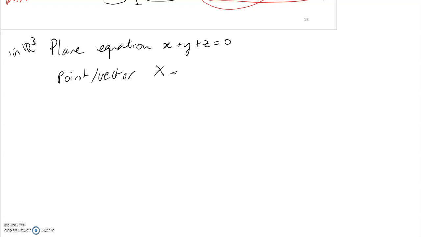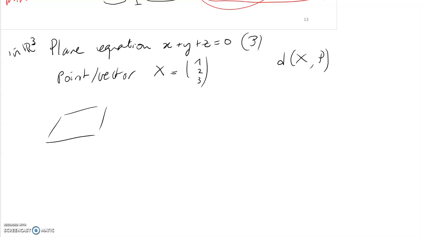X is equal to (1, 2, 3), and I want the distance between the point X and the plane. You probably have seen that in many ways.